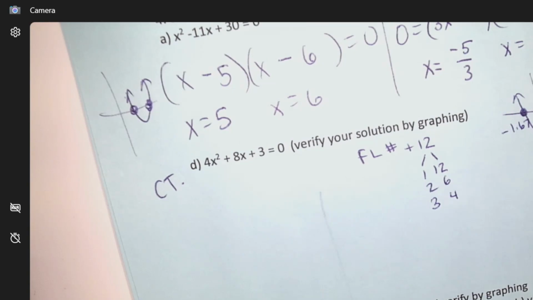I need to produce an 8 as well. So I need to multiply to the 12 and I need to add to the 8.